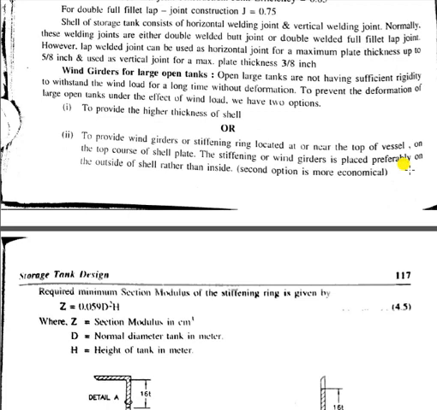Open tanks do not have sufficient rigidity to withstand the wind load for a long time without deformation. So to prevent the deformation of large open tanks under the effect of wind load, we have two options. First, to provide a higher thickness of the shell, or to provide wind girders or a stiffening ring located at or near the top of the vessel.